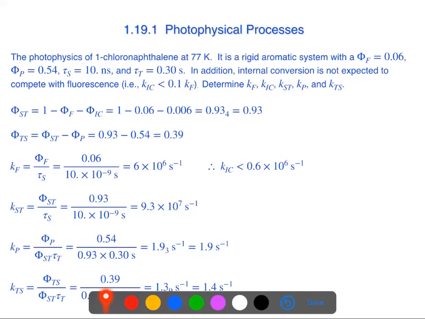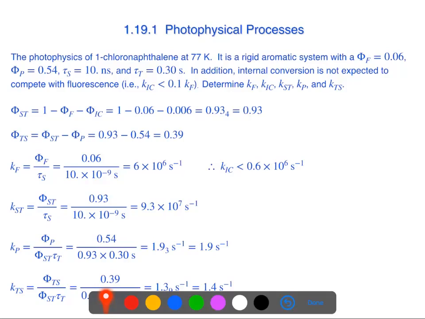In addition, internal conversion is not expected to be competitive with fluorescence, and it's stated here that the rate constant for internal conversion is expected to be less than 10%, or 0.1, of the rate constant for fluorescence.